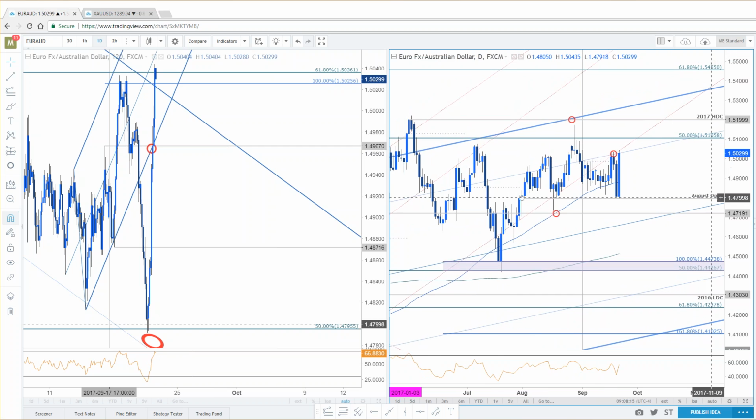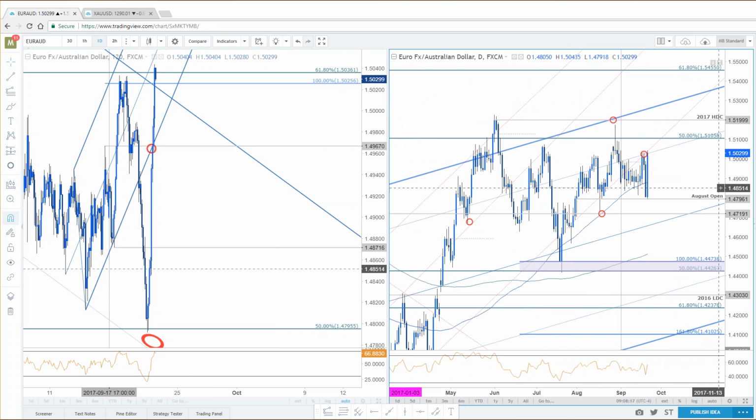So a different type of take, and certainly if the Aussie pullback has more legs, it might outpace Euro losses, which would drive this higher. I just wouldn't get too overzealous with it, okay? Because if you're gonna be wrong on this, you're gonna be wrong big, and if you're gonna be right, it's probably gonna be a nice healthy profit. But at the same time, you've just covered the monthly range in one single day.